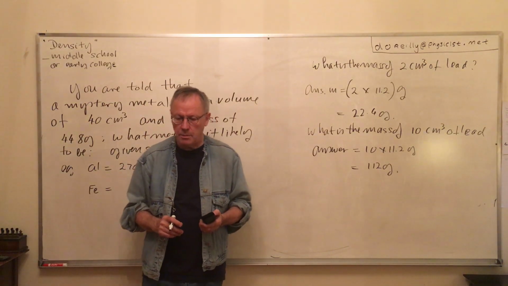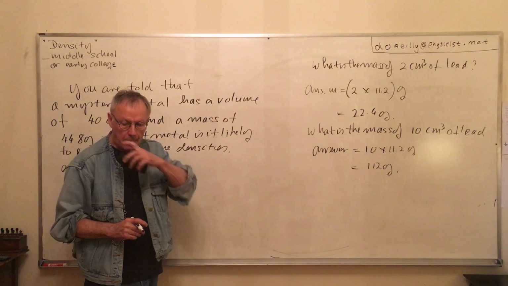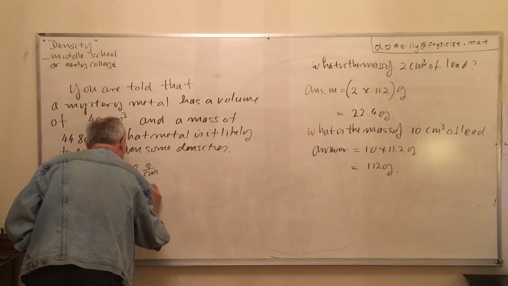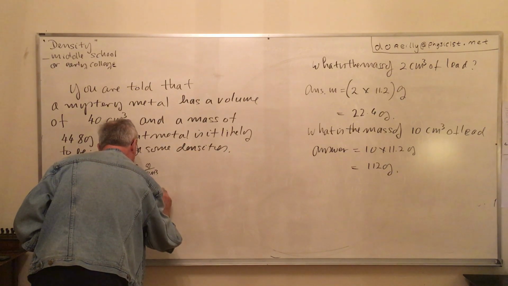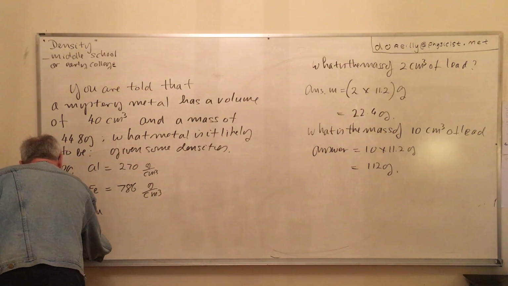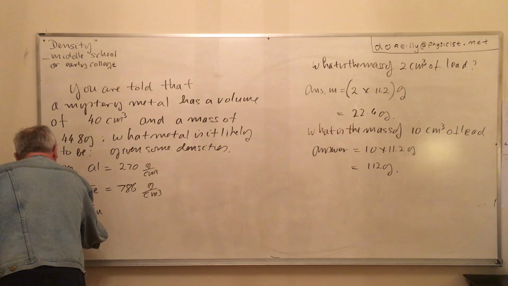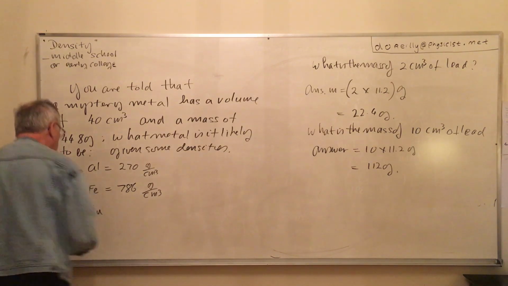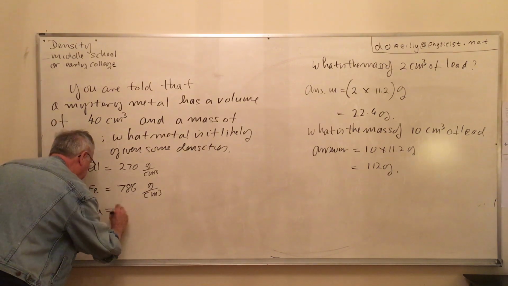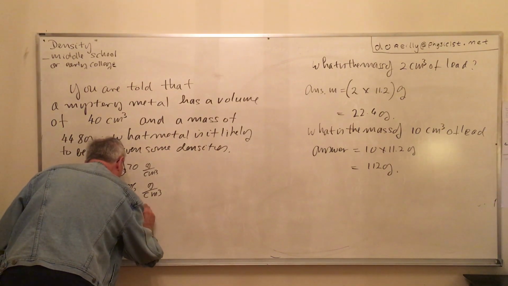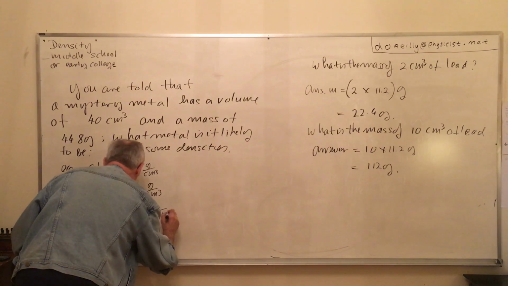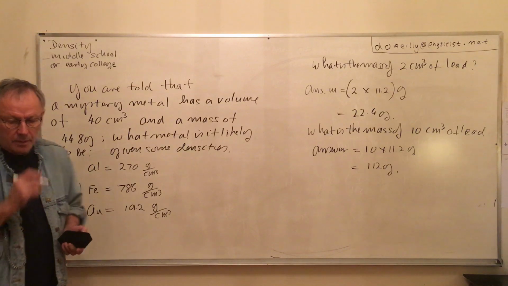For example, aluminium is 2.70, iron is 7.86, get used to the chemical symbols. Aluminium, iron, gold.